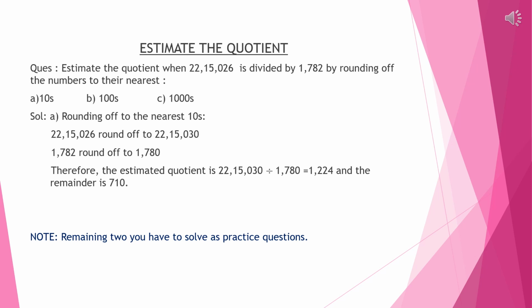First part, rounding off to the nearest 10. 22,15,026 rounds off to 22,15,030 and 1,782 rounds off to 1,780. After division, we will get 1,224 as quotient and 710 as remainder. Therefore, the estimated quotient is 1,224 and the remainder is 710.